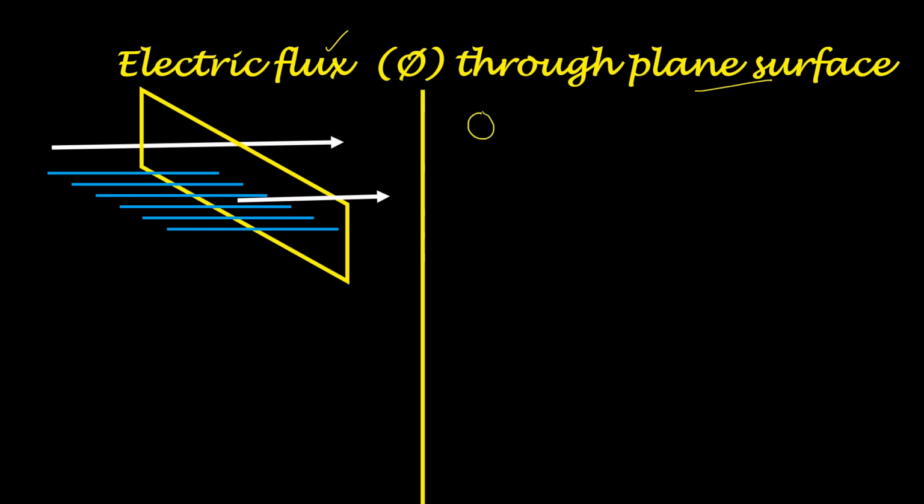Applying the same formula, we can find the electric flux in that area as equal to E dot ds. Remember, flux is a scalar quantity, hence the dot product. Electric flux is proportional to the electric field. ds corresponds to this area. I will note flux is a scalar quantity.